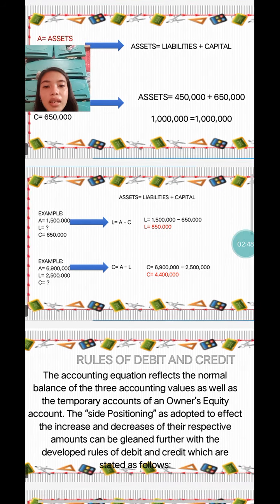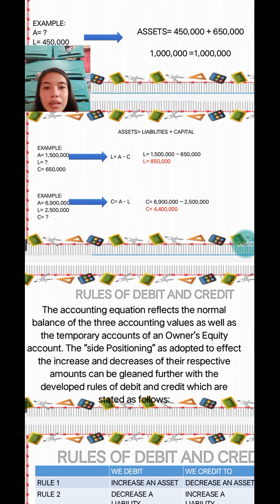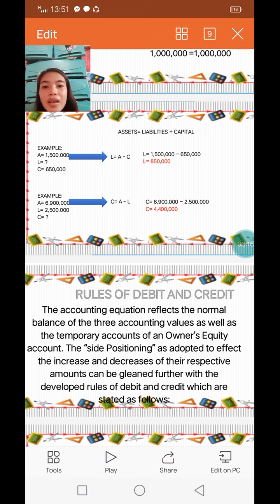The next example is we need to find liabilities. In finding liabilities, the equation that we need to use is liabilities is equal to assets minus capital. So we are going to deduct, or minus. The given example here is 1,500,000.